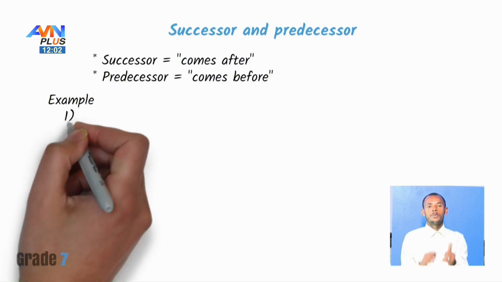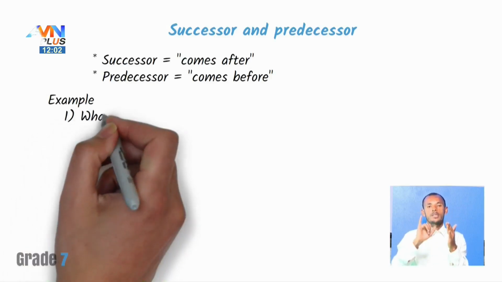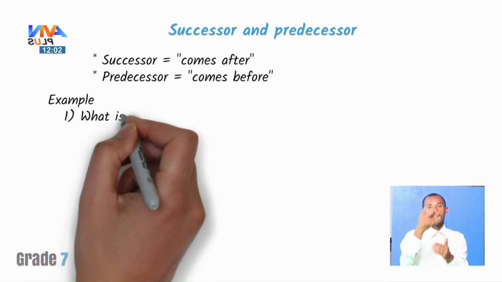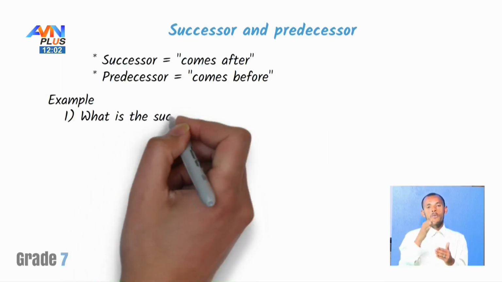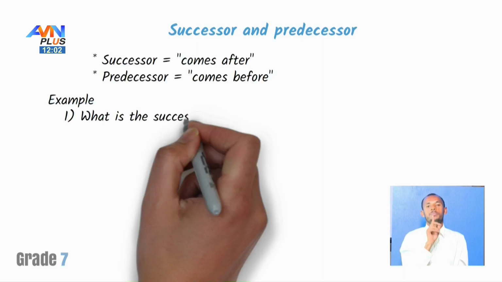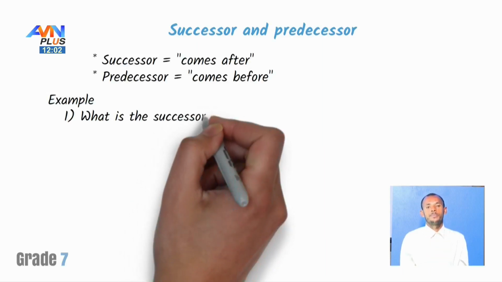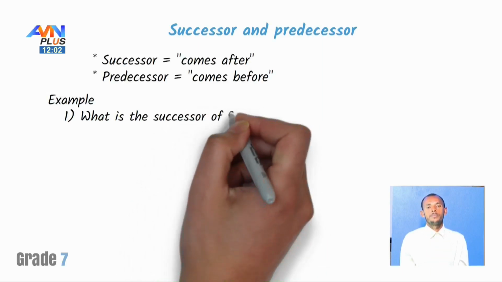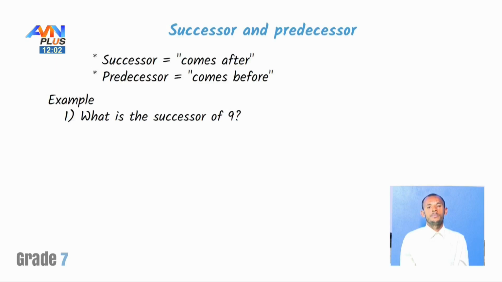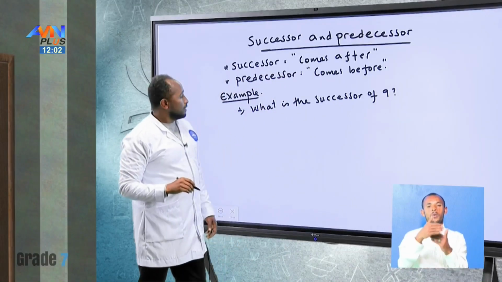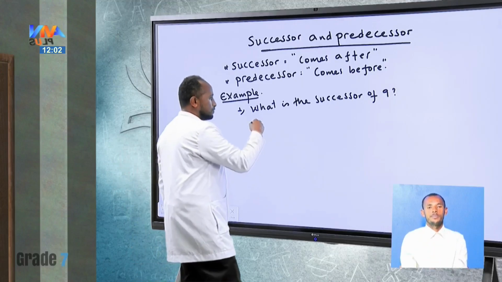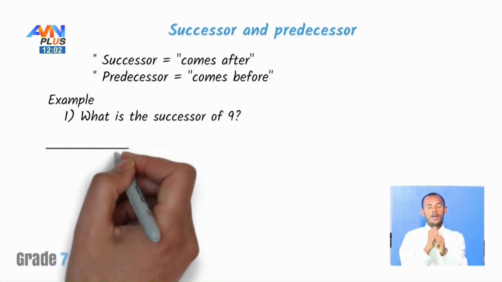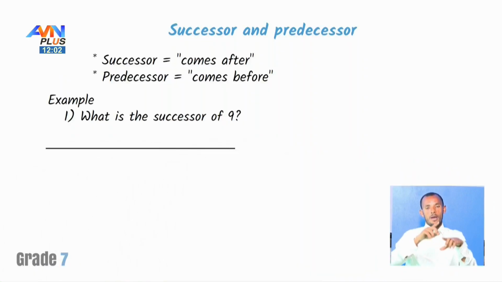The first question: what is the successor of 9? Let's see this together. To find the successor, simply locate the number on the number line. We have 9.